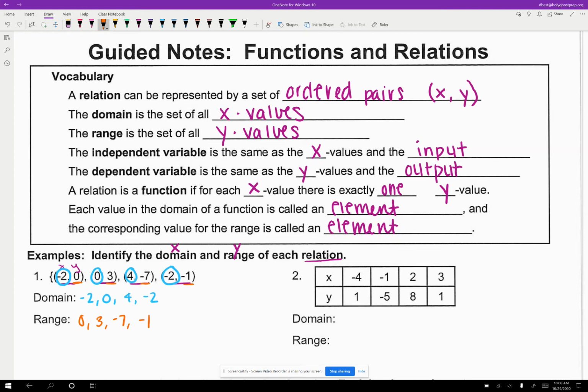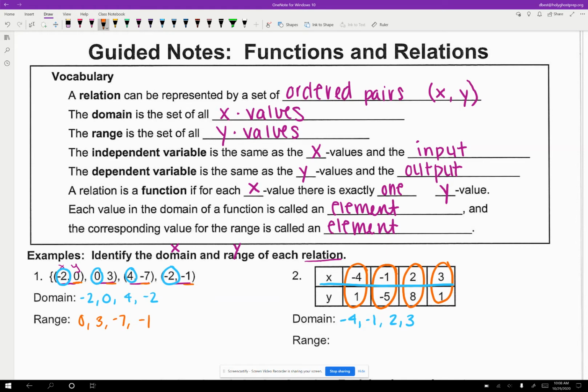So in example 2, all that's different is instead of listing as ordered pairs, we've made a table. So my ordered pairs are now in these columns. And my domain, again, are just going to be my x values. So looking across for x's, my domain will be -4, -1, 2, and 3.